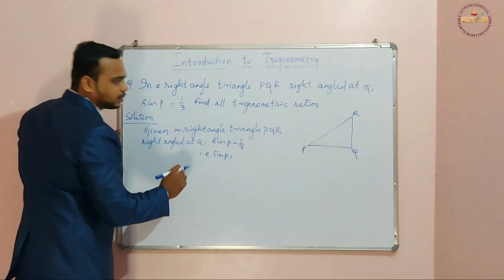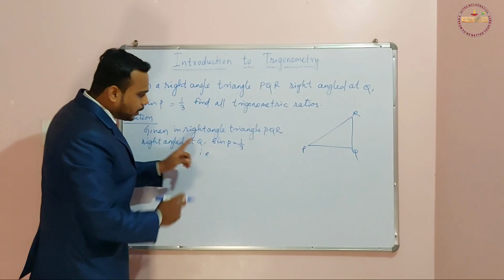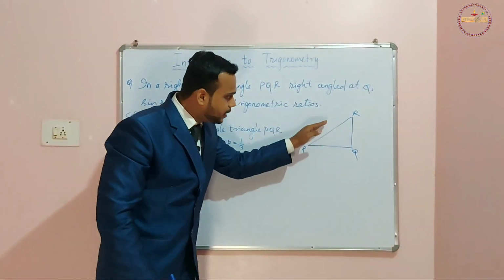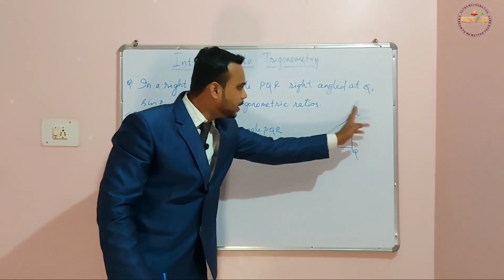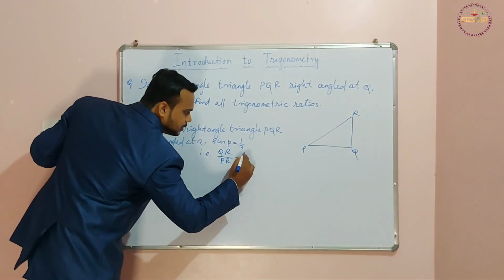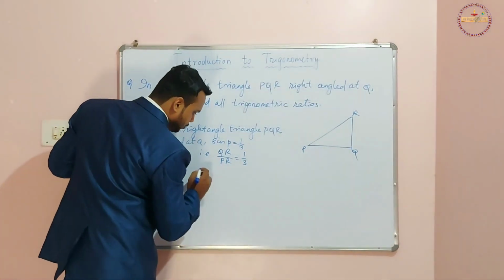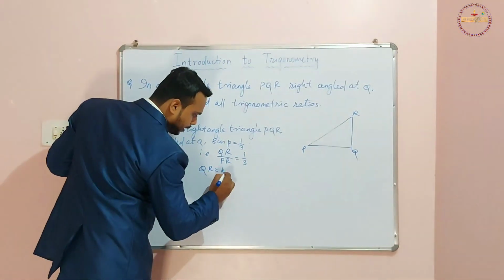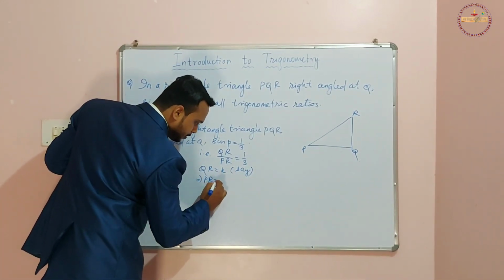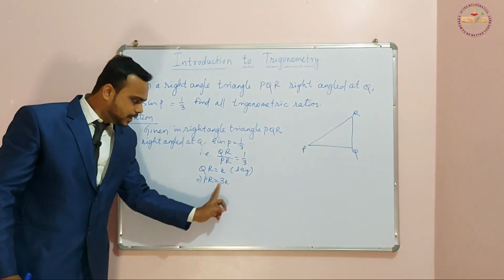Now what is the value of sin P? Sin P is equal to the side opposite to P divided by hypotenuse, that is QR divided by PR. So QR divided by PR is equal to 1 by 3. Let me say QR is equal to K, so that implies PR will be 3K.